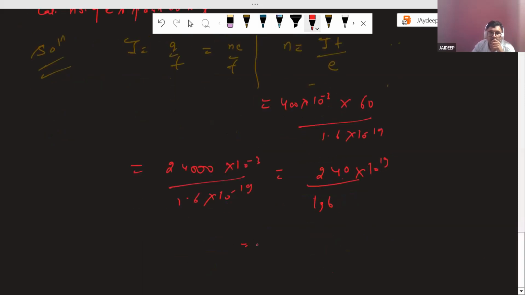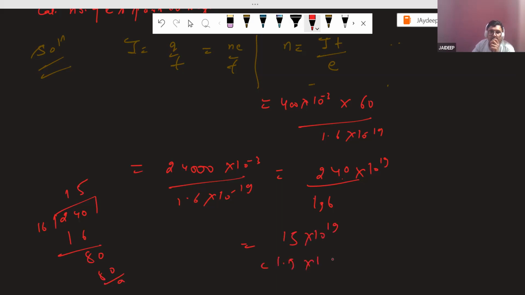If you divide 240 by 16, how much? Can anybody let me know, please? 240 divided by 16 is 15 into 10 to the 19. That is 1.5 into 10 to the 19. Sorry, number of electrons.